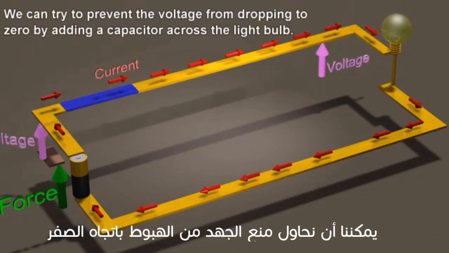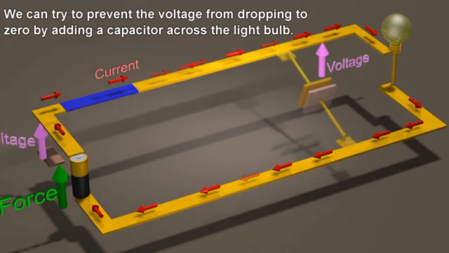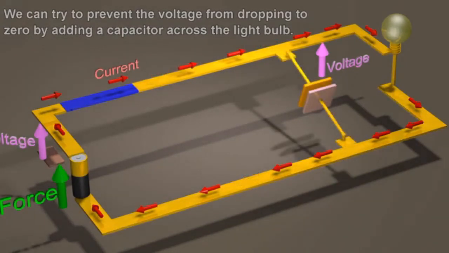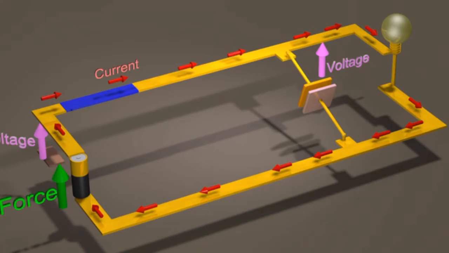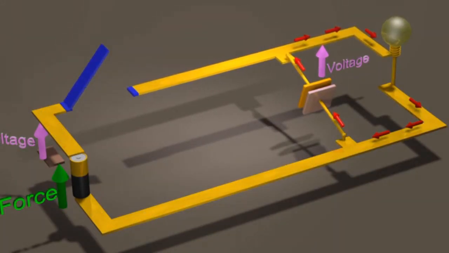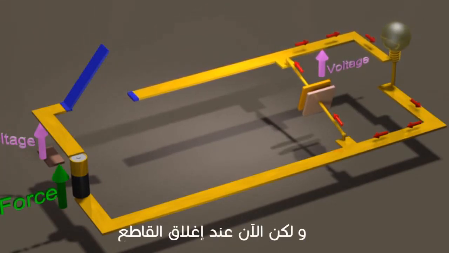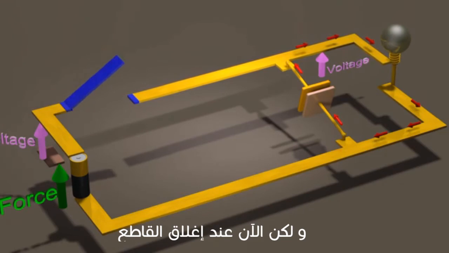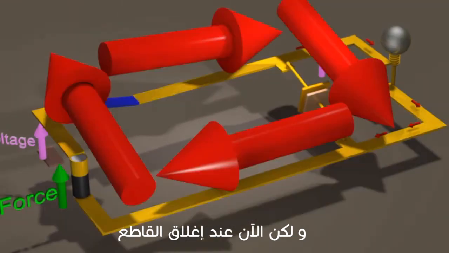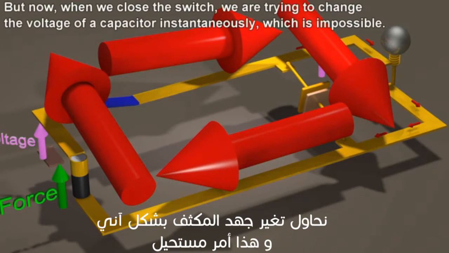We can try to prevent the voltage from dropping to zero by adding a capacitor across the light bulb. But now, when we close the switch, we are trying to change the voltage of a capacitor instantaneously, which is impossible.